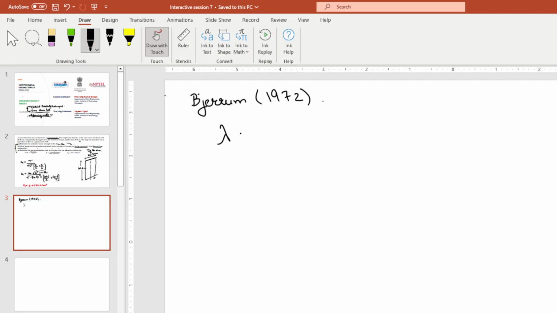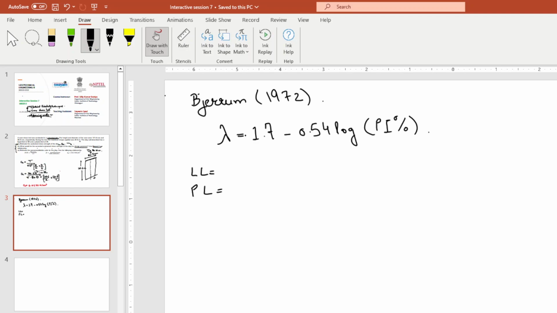So lambda equals 1.7 minus 0.54 log of plasticity index. For the plasticity index, the liquid limit and plastic limit have been provided in the question.